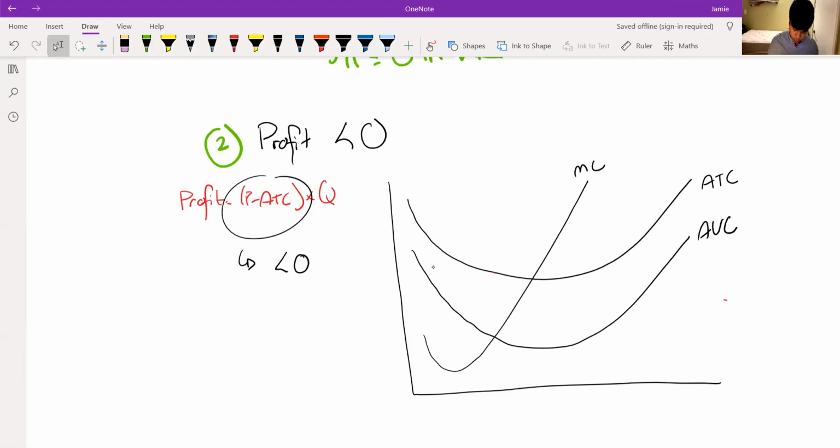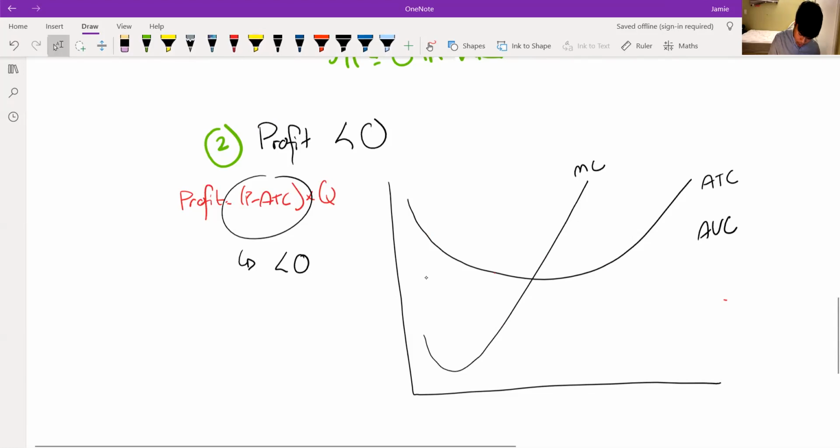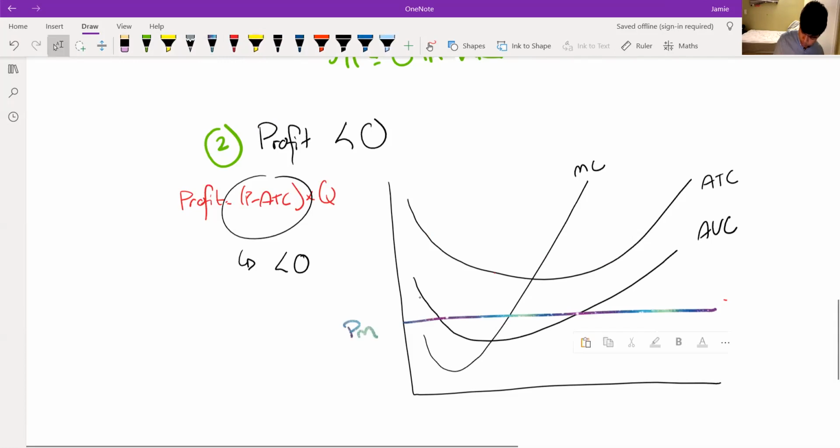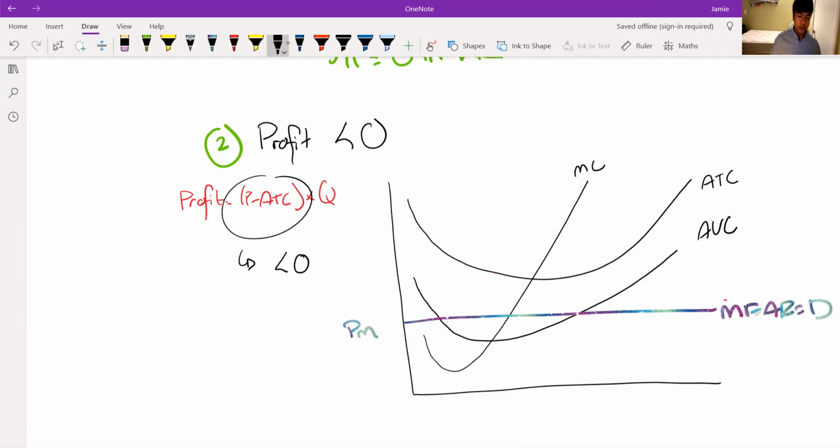So now, there you go. Again, we need to figure out, does this firm shut down now or shut down later, assuming the market price is, let's say, here. So this is marginal revenue, which is equal to average revenue, which is equal to demand.